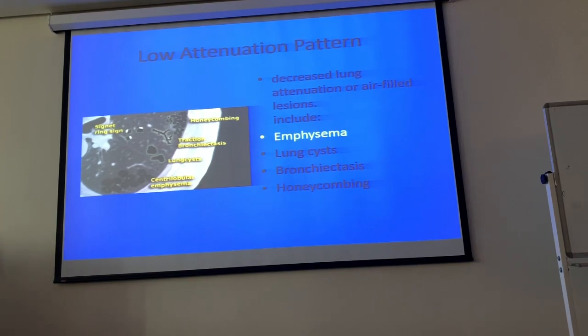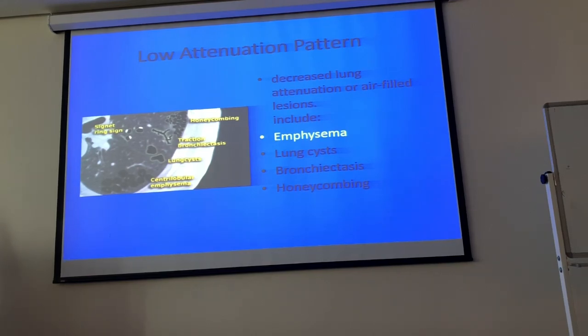So, low attenuation pattern: if there is fibrosis of the lung, it will attract towards itself the bronchial tree. And so that will be dilated and elongated, and that is called traction bronchiectasis, because it is because of the fibrosis.